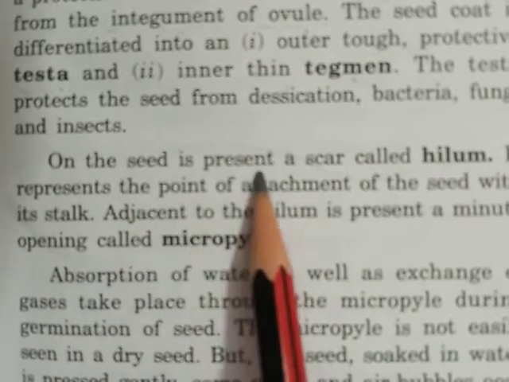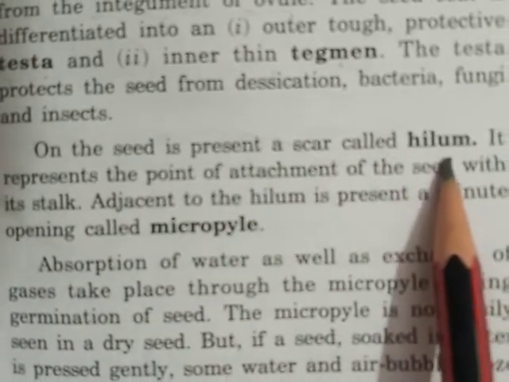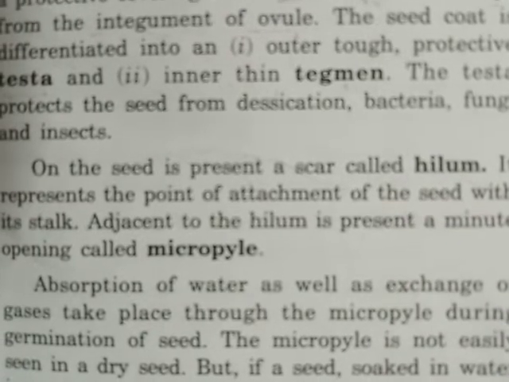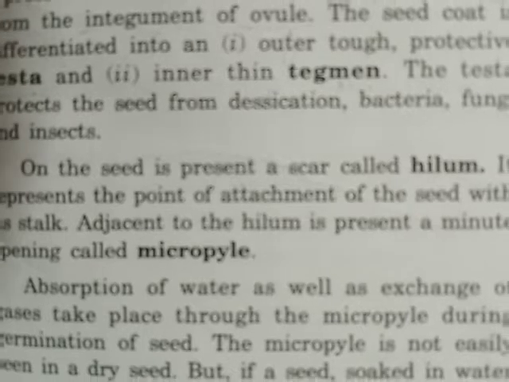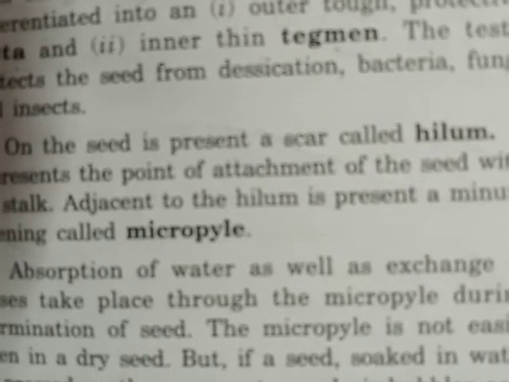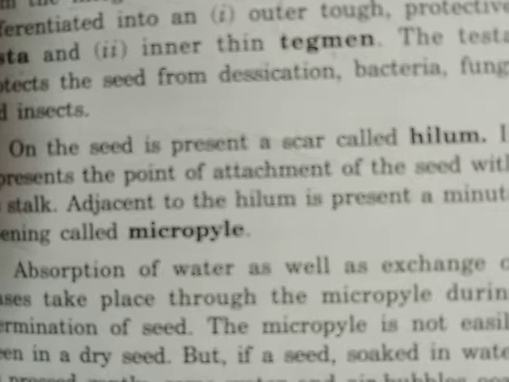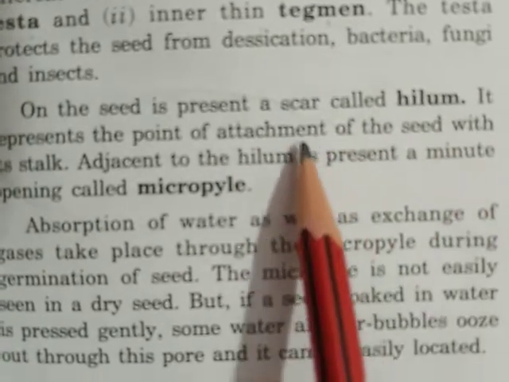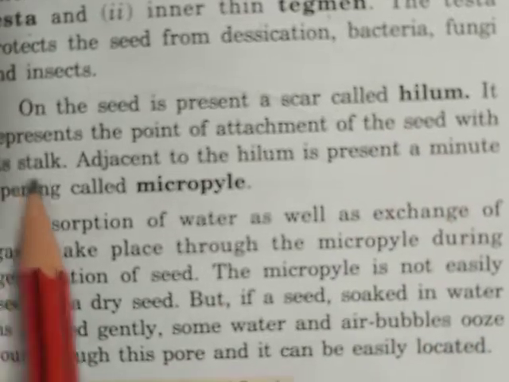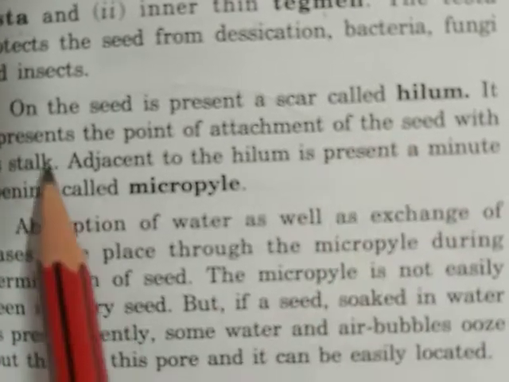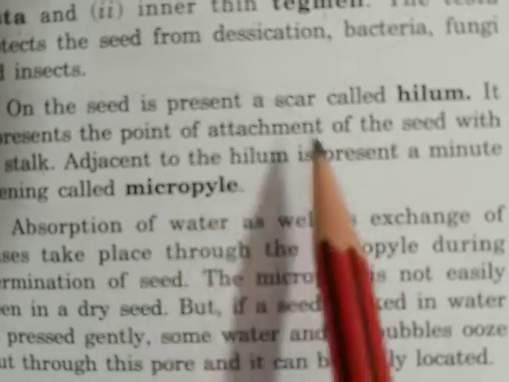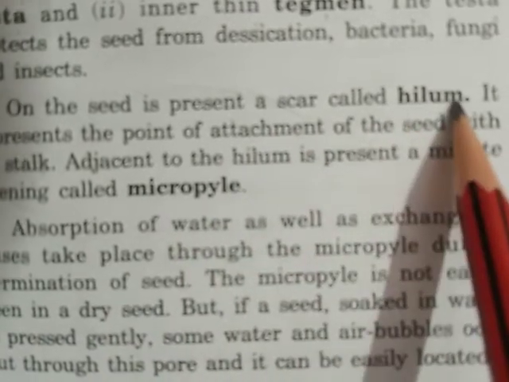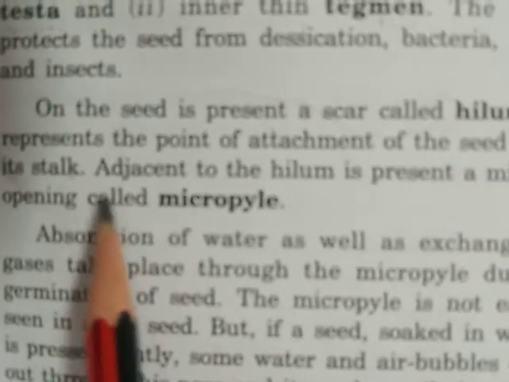On the seed is present a scar called the hilum. So, the seed has one scar. That scar is known as the hilum and it represents the point of attachment of the seed with its stalk. When the seed is attached with its stalk, it forms a scar, and that scar is known as the hilum.